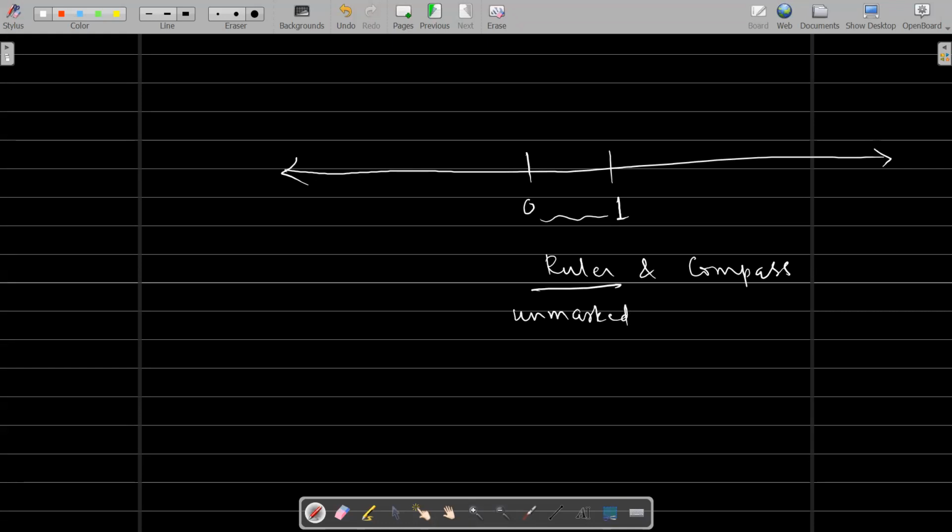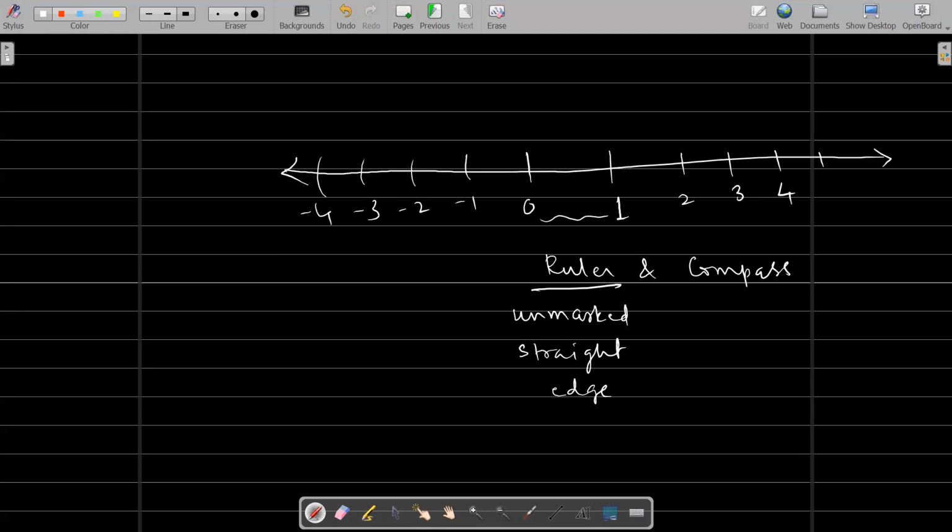Unmarked, so I can't measure distance; I can only draw straight lines. Fine? So with ruler and compass, I can mark 2, 3, 4, and so on. I can mark all naturals. I can go backwards and mark all negative integers like -1, -2, -3, -4, and so on.